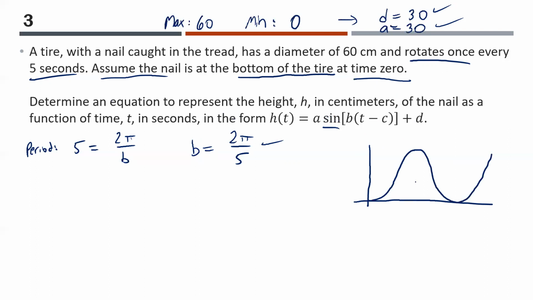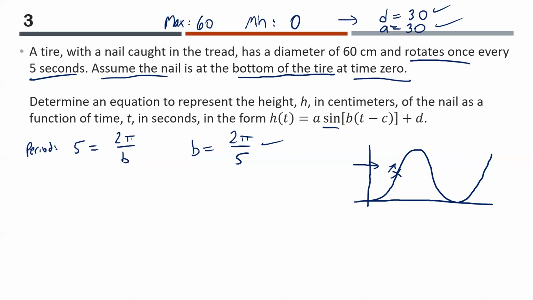Because we're using sine, keep in mind that sine, as long as the a value is positive, usually starts at its midline going up. So we can tell by looking at our graph that this has been shifted from its usual position to the right. In other words, if there was no c value, you would have your midline going up right on your y-axis. But because we see in our sketch that it clearly isn't, we must have moved this right.